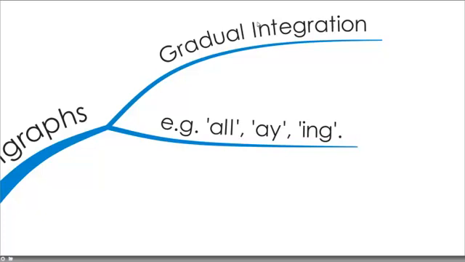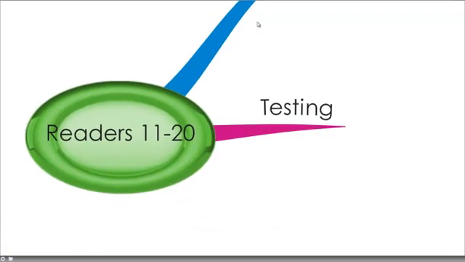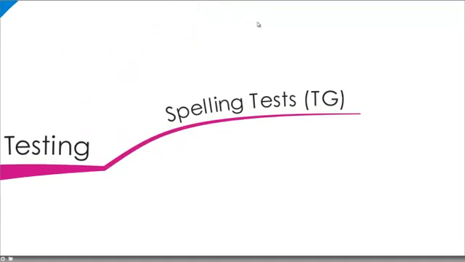Now, another thing that's important when we start moving up to these slightly more advanced levels is the testing process. How do we test students? Well, some good ways are firstly using the spelling tests for each reader. These can be found in the teacher's guide, which has one spelling test for each of the readers 11 through to 20.